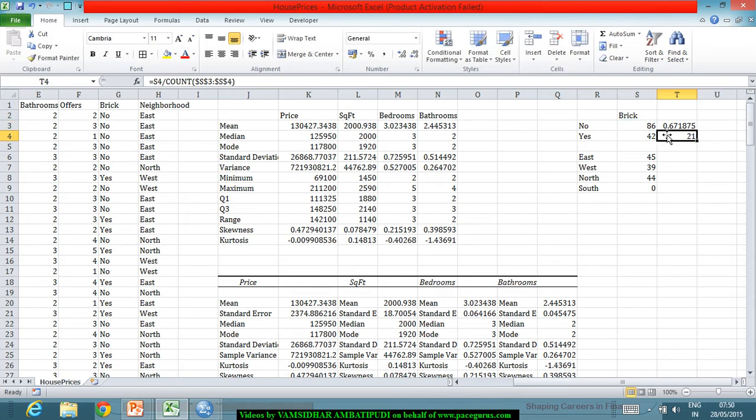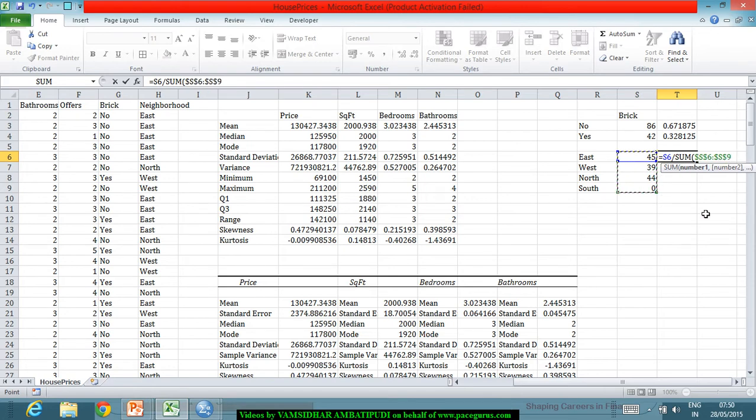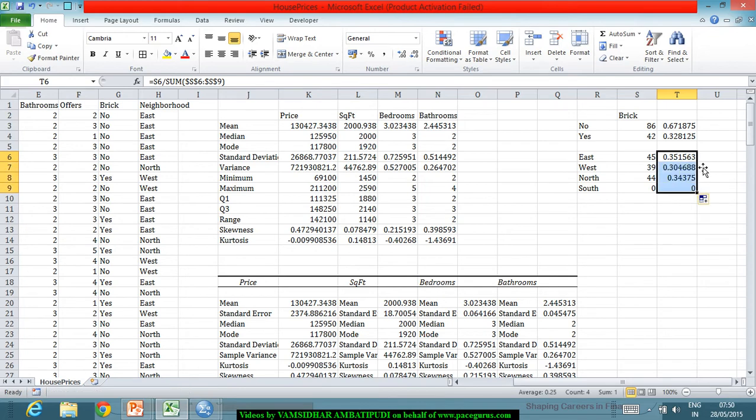Yeah, the formula is coming out to 67.18 and 32.8. Even here I may have to write it as this divided by the summation of all these. So that's how I'll get the percentages 35.15 and something like this. Probably after that I may have to make use of the appropriate formatting also. So it's not that I cannot do that, but yes, it's slightly additional effort in terms of doing it in a spreadsheet.